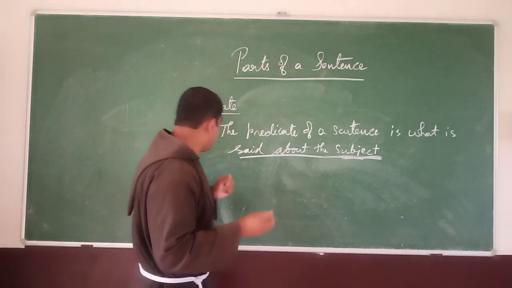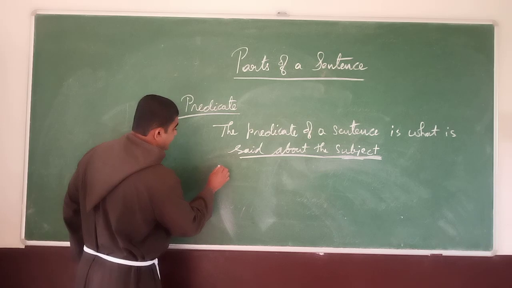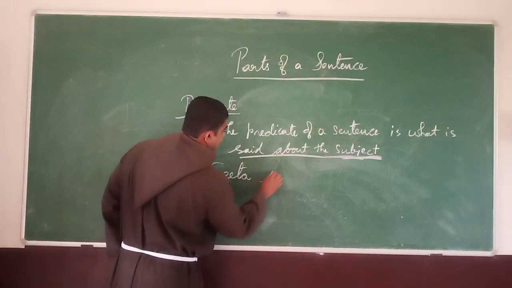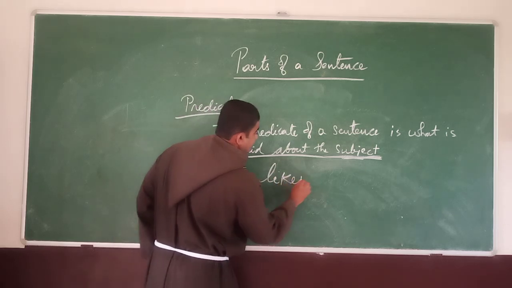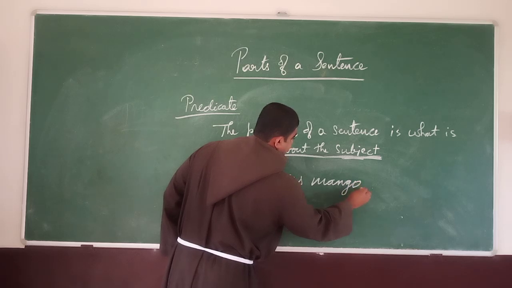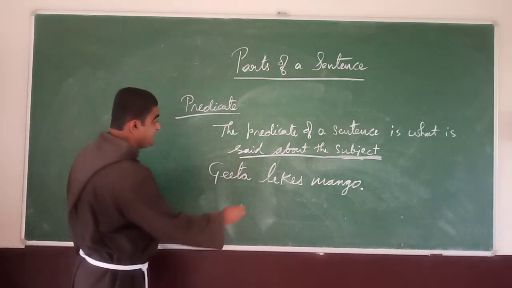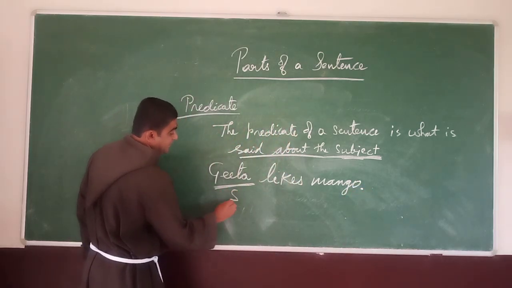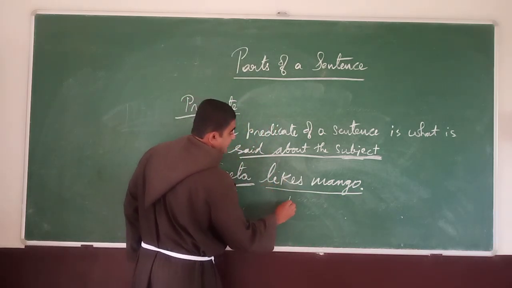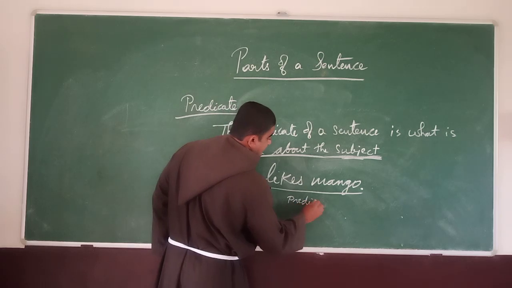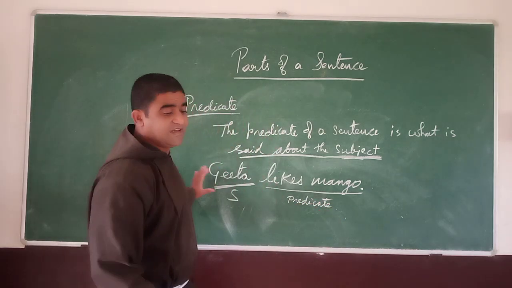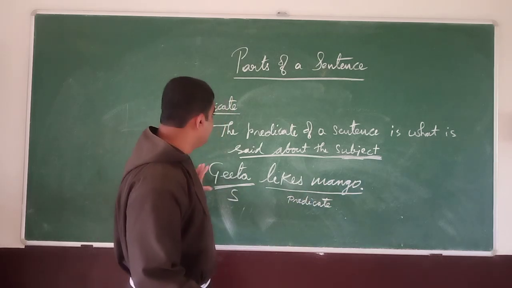So let's take the example: Geeta likes mango. What is the subject over here? Yes, Geeta is the subject. Here, likes mango is the predicate. So, what is said? Here the subject is Geeta.